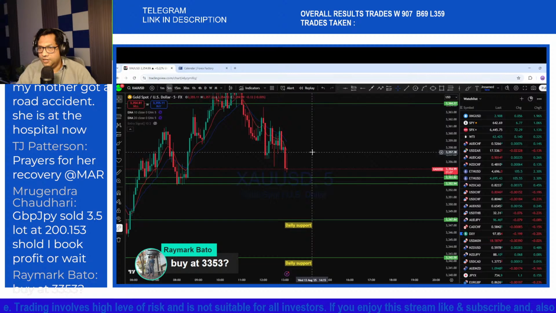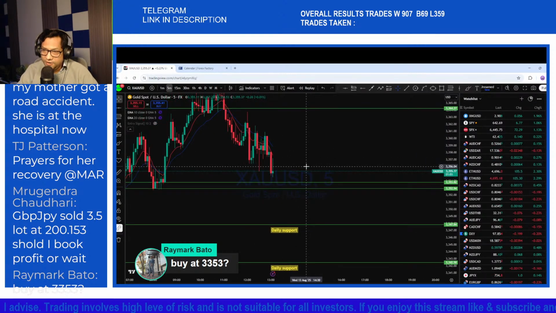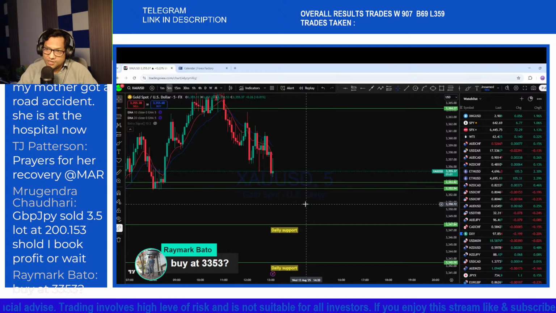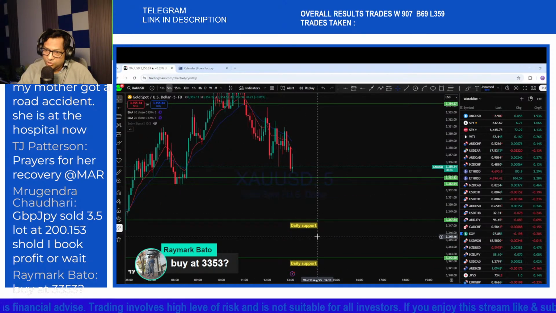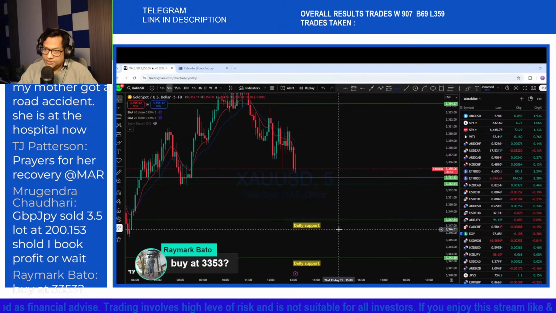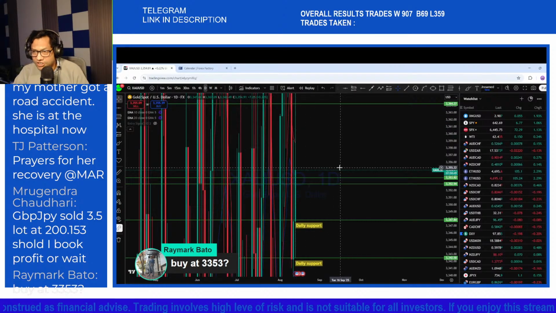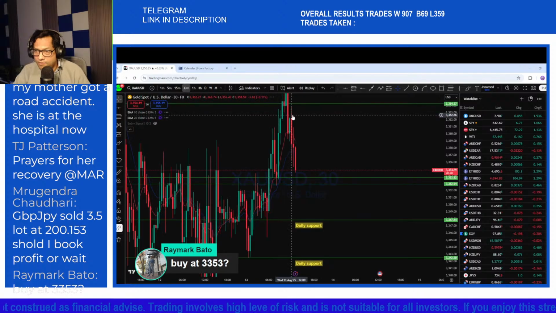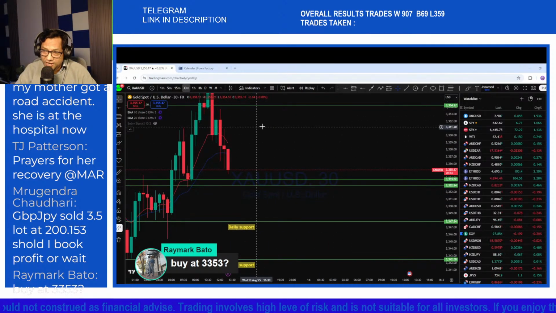You can see it's this drop that we will not be opening yet, as we would like to see that it has come back below this level to this daily support, as from that level the chances for a rejection are higher. But at the same time, at any point we could see the market return back again.